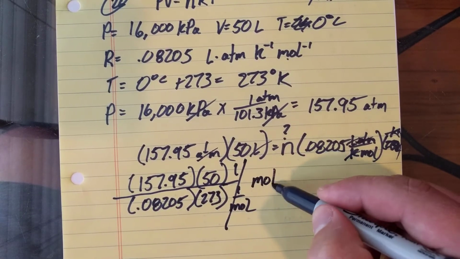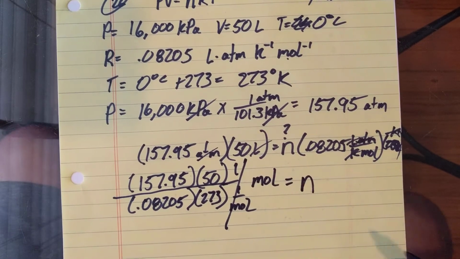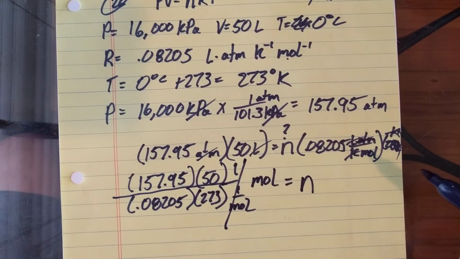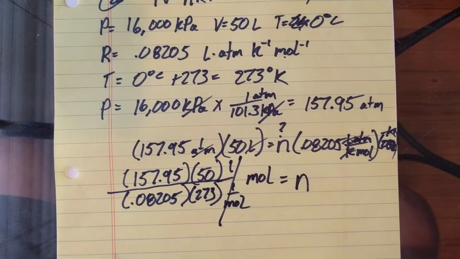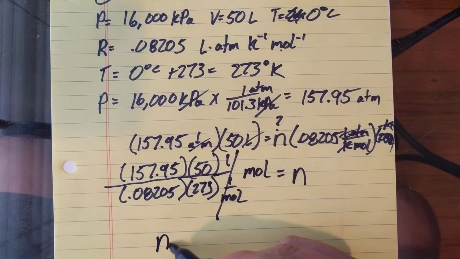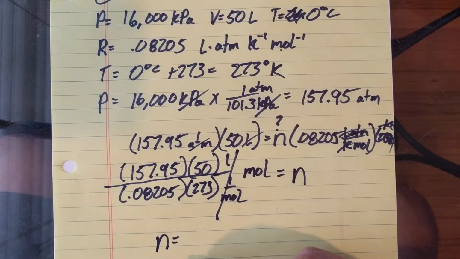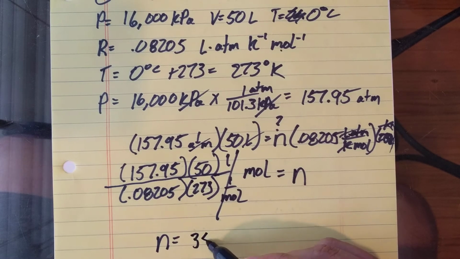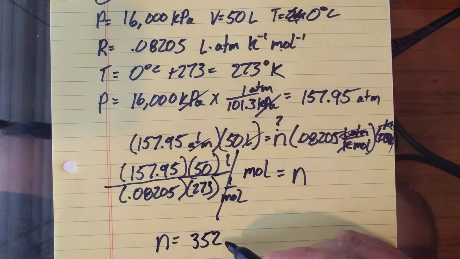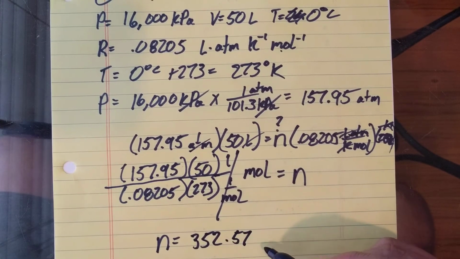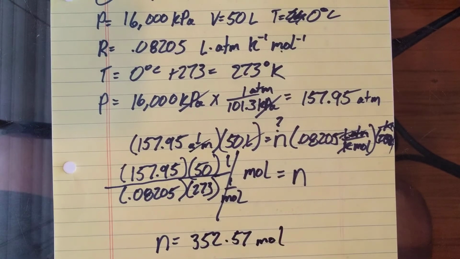It's just moles is equal to n, which is the unit of n, right? n is the moles. This is going to give us n is equal to 352.57 moles.